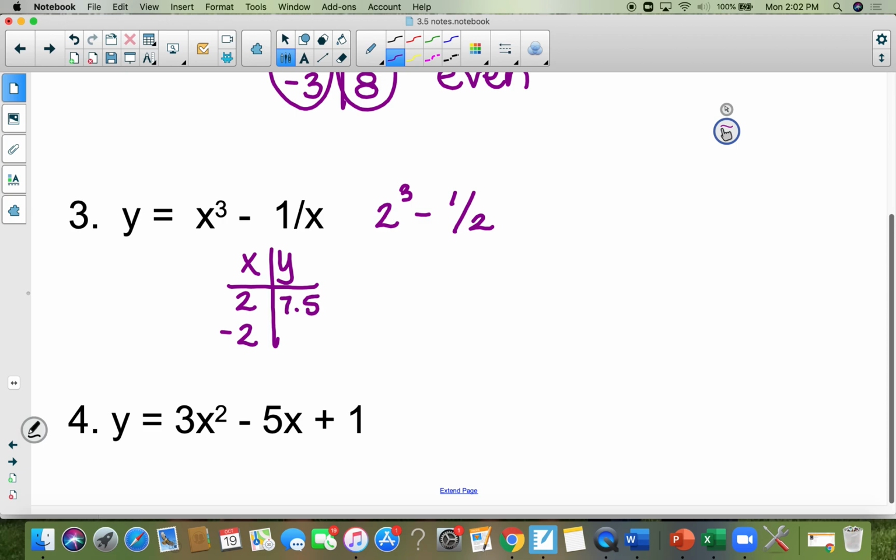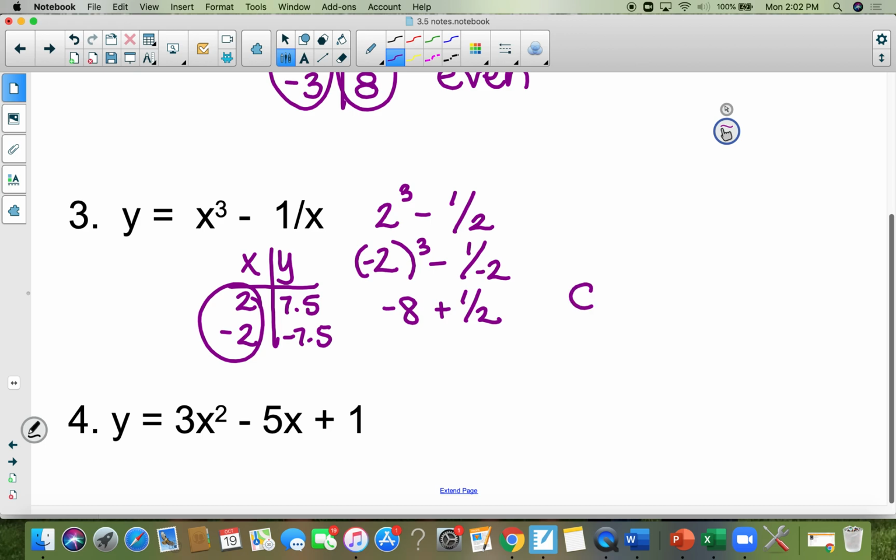If I put a negative 2 in there, a negative 2 times a negative 2 times a negative 2, which is negative 2 to the third minus 1 over a negative 2, which makes a negative 8 plus 1/2, which makes a negative 7.5. Again, I pick two opposites for x. My y values come out to be opposites. It's an odd function.